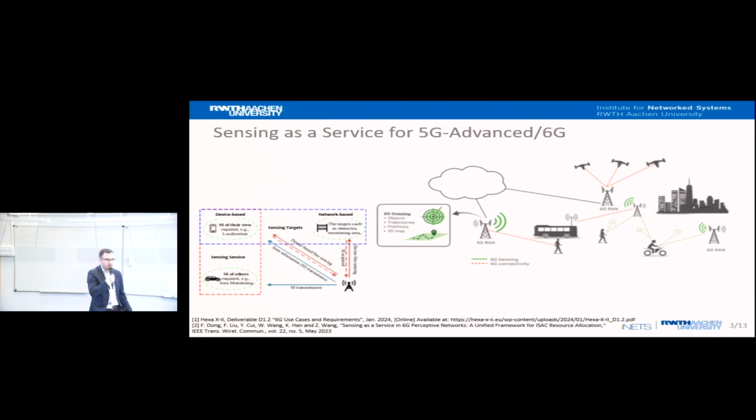The use cases and requirements are still being explored within Hexa-X and Hexa-X II, the EU flagship project around 6G. One is network-based sensing, when the network leverages the cellular communication as a sensing service. So it can sense and then do whatever it wants with that sensing information.